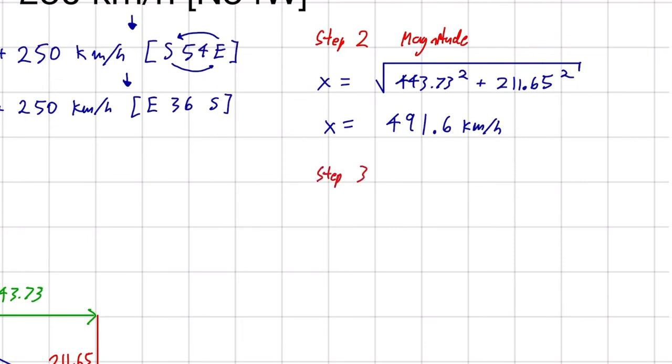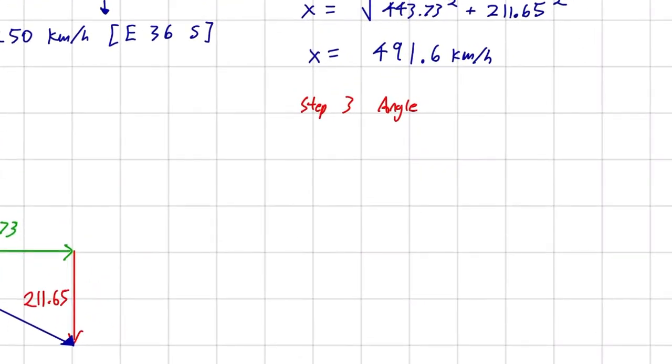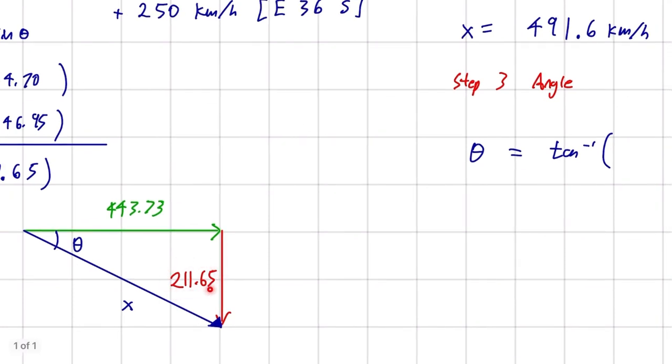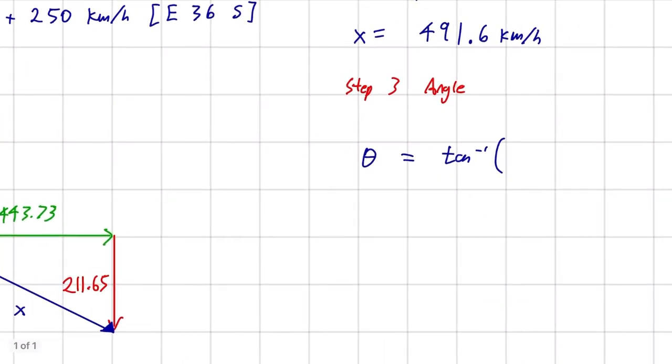So step 3, we're going to find the angle. Same as previous examples, theta is equal to the inverse tan of the opposite over the adjacent.